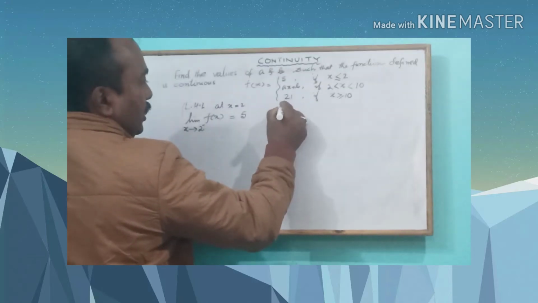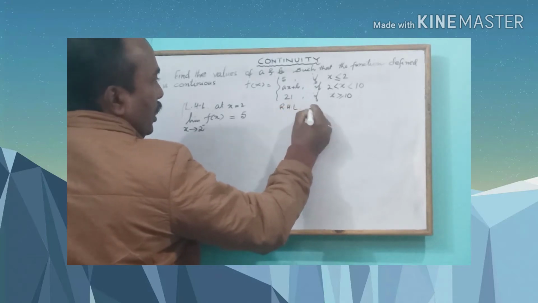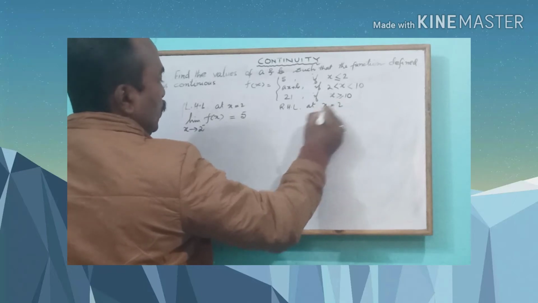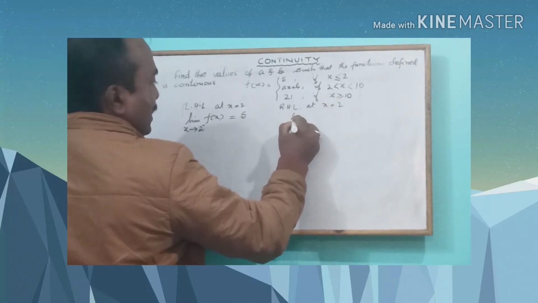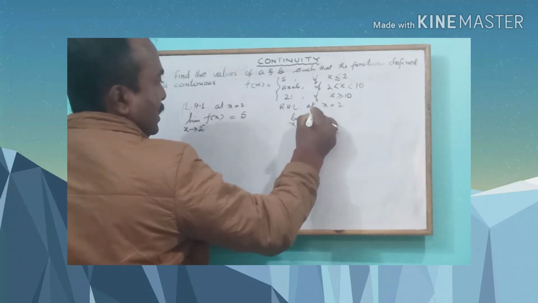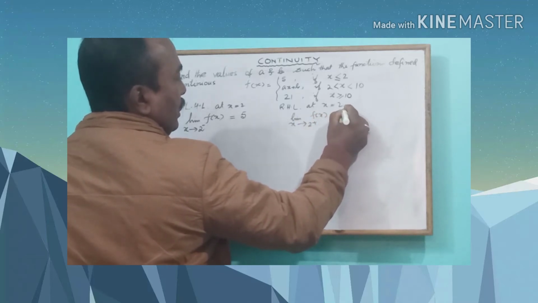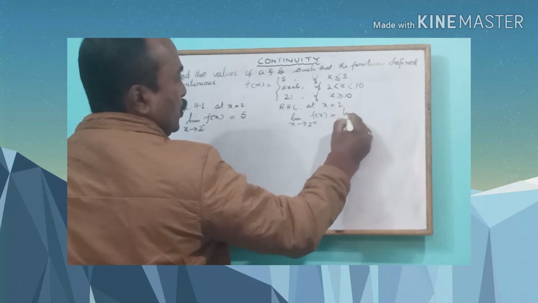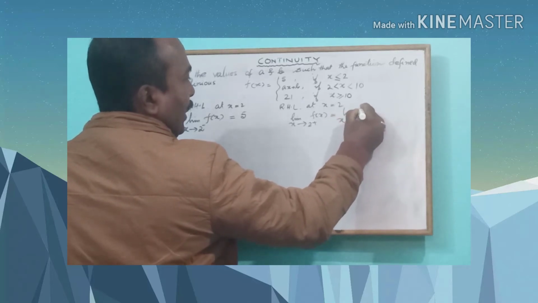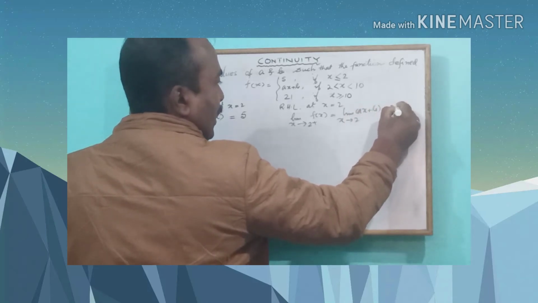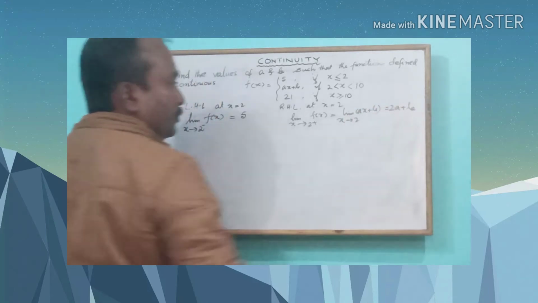And RHL at x equal to 2, that is limit x tends to 2 plus f(x), that is limit x tends to 2 of ax plus b, that is 2a plus b.